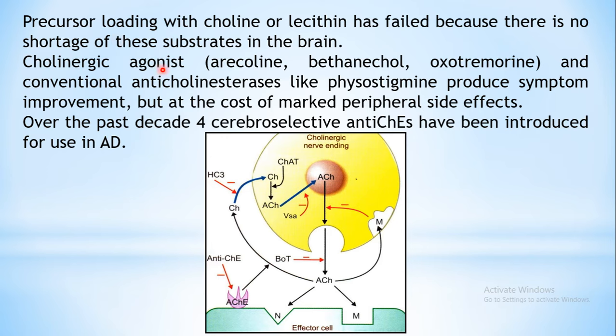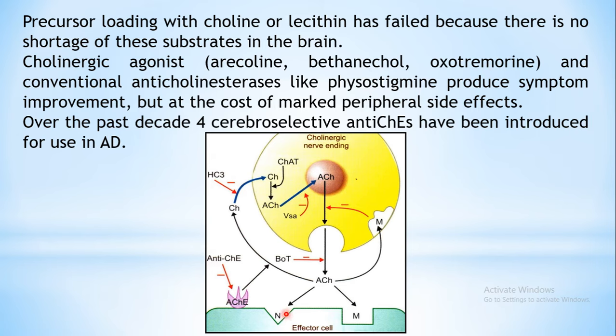Next, cholinergic agonists were tried. Under the chapter on ANS, we had seen that it is divided into two parts: cholinergic agonists and anticholinesterases. This is the second class. So cholinergic agonists were also tried. Examples: pilocarpine, bethanechol, oxotremorine.